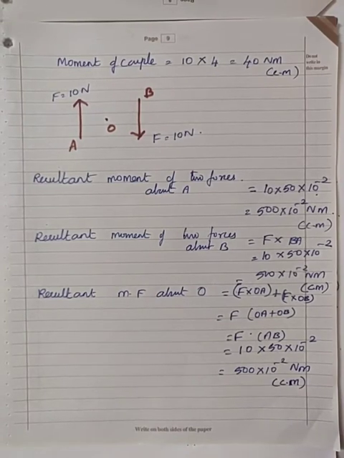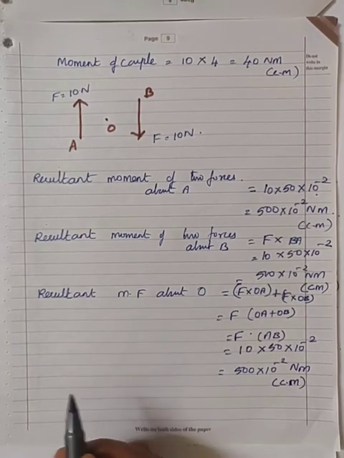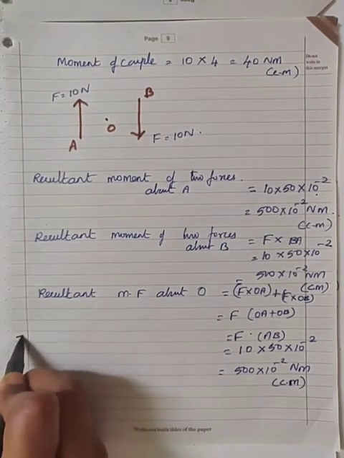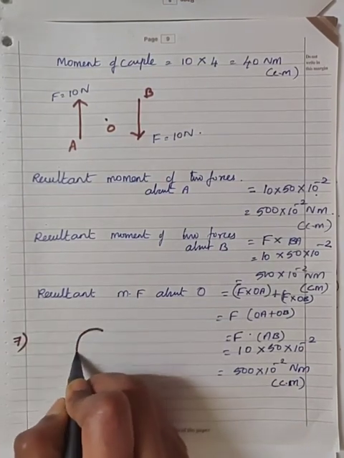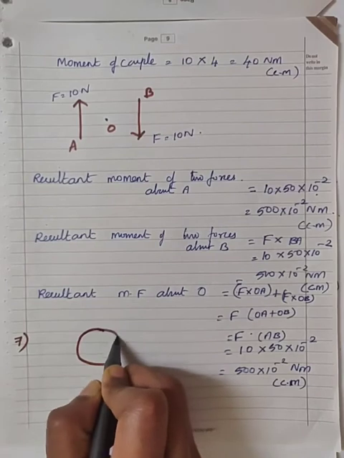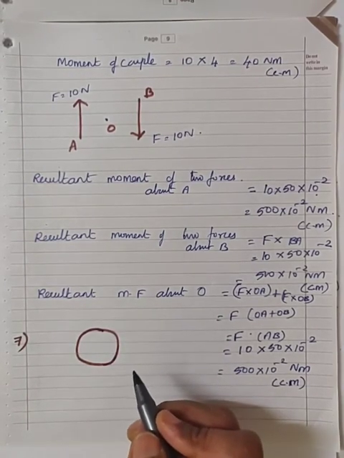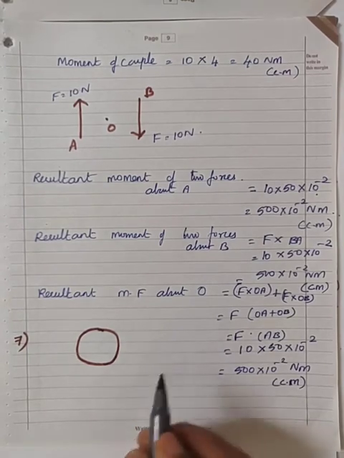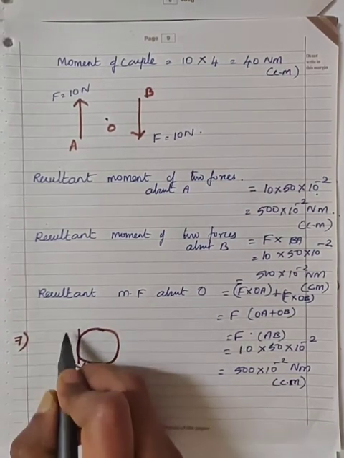A steering wheel of diameter 0.5 meter is rotated anti-clockwise by applying two forces, each of magnitude 5 Newton. You are asked to draw the diagram for this. Okay, seventh question. First we draw the steering wheel, and here two forces are acting, and the two applied forces rotate it in the anti-clockwise direction.